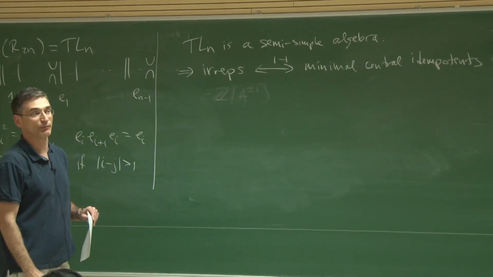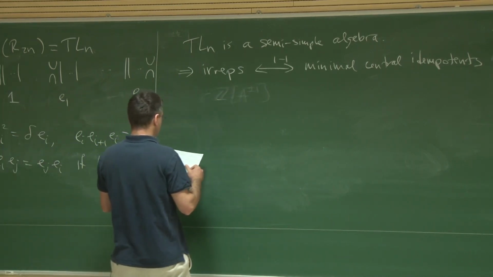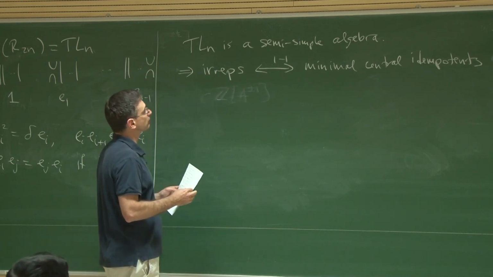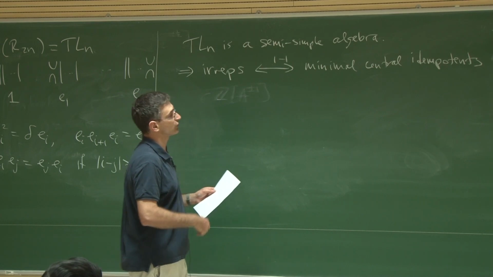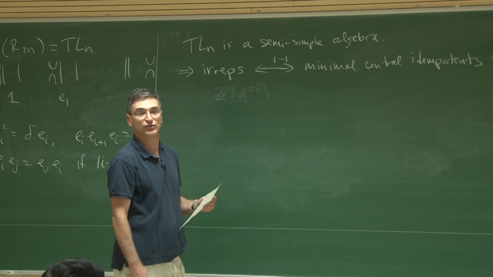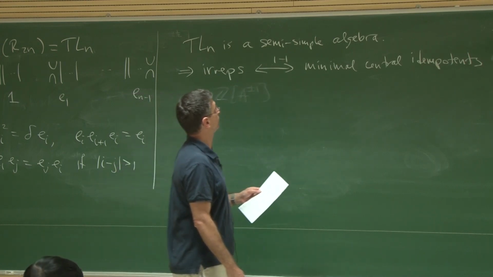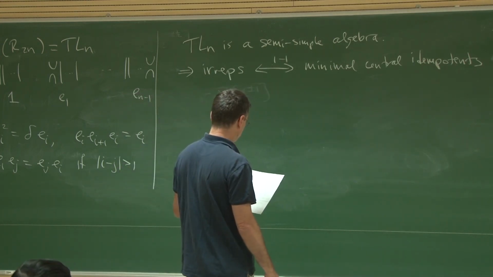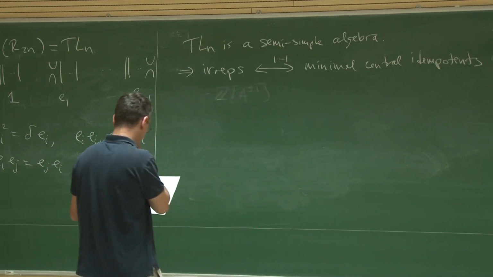So this is just sort of pure representation theory of algebras. These are representations into what? Again, representations into matrix groups, right?